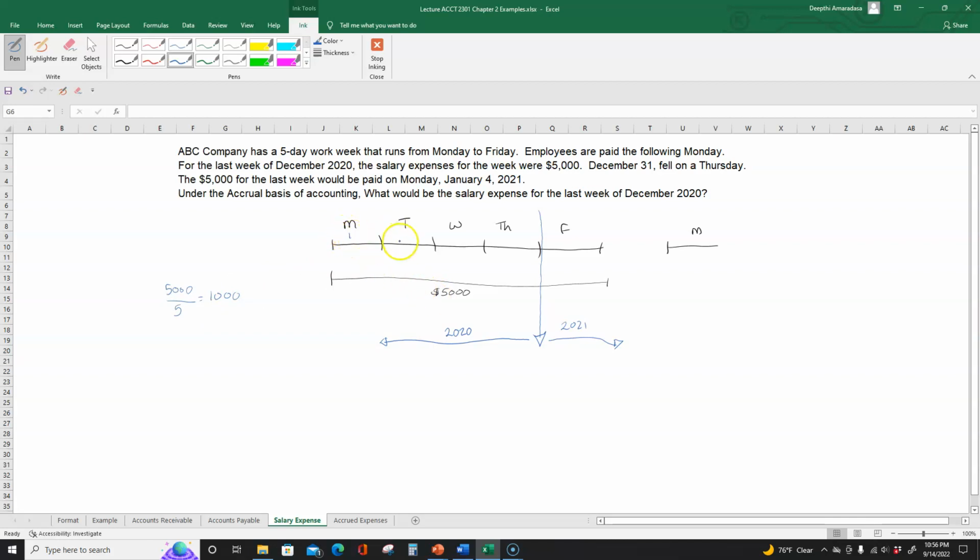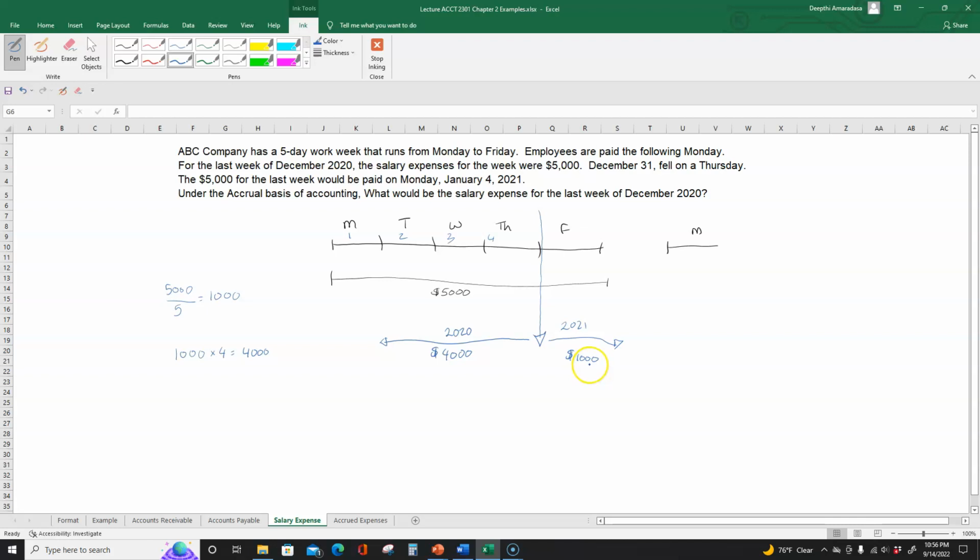We got 1, 2, 3, 4 days. Therefore, we're going to multiply the $1,000 per day times 4, and we end up with $4,000. So $4,000 is the amount of the salary expense for the last week of December 2020. What about the remaining $1,000? That $1,000 is the salary expense for 2021.